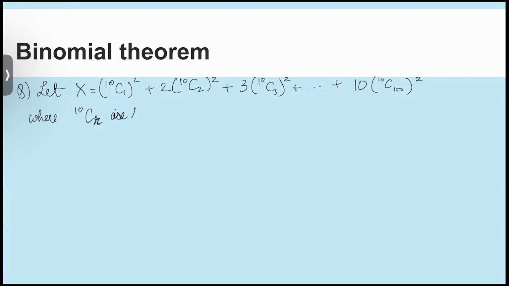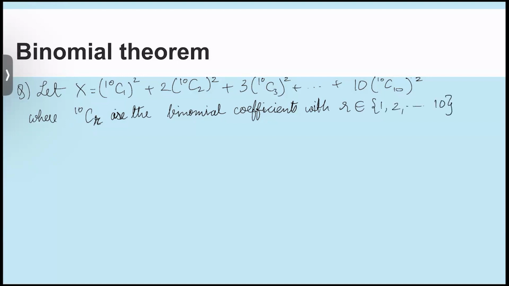These are the binomial coefficients, with r going from 1 to all the way up to 10.